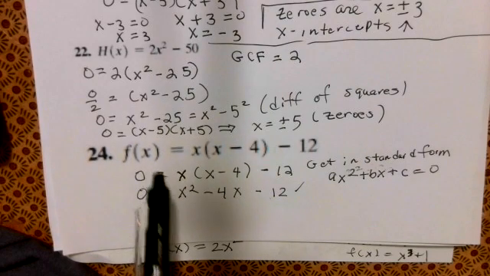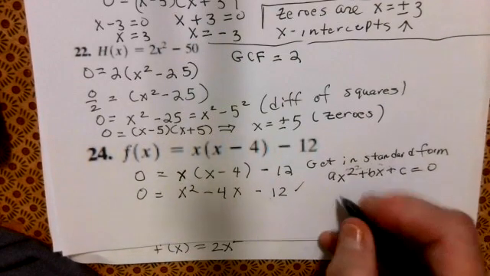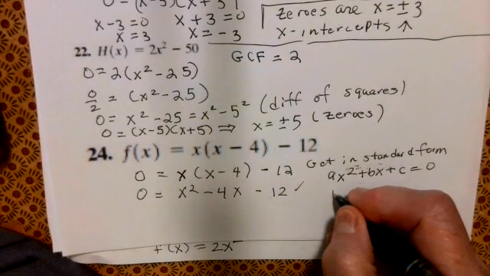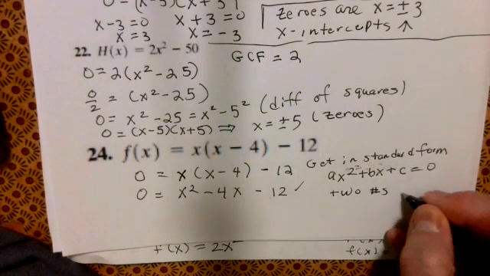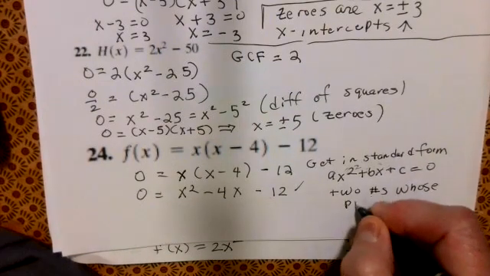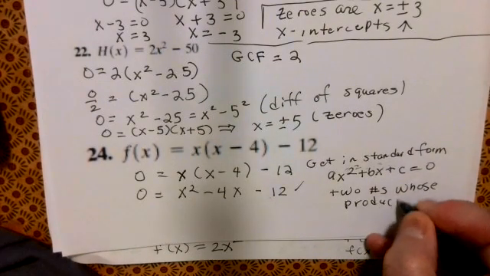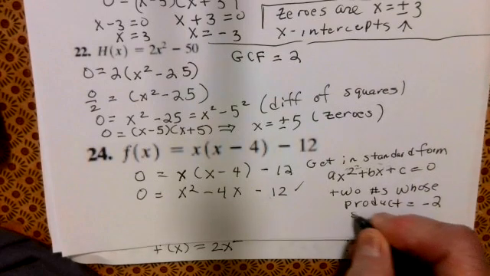Those are harder, and we'll look at those. But with this one, really all you need is 2 numbers whose product equals minus 12 and whose sum equals minus 4.